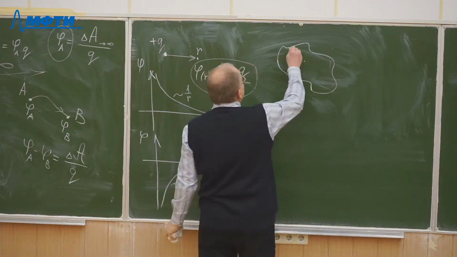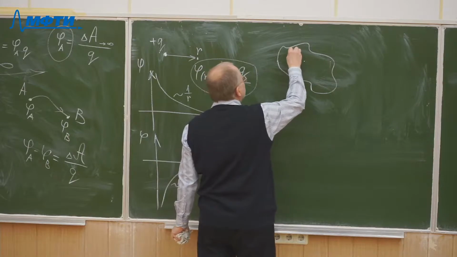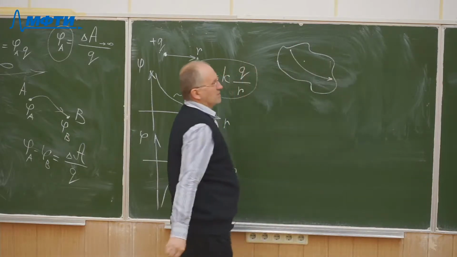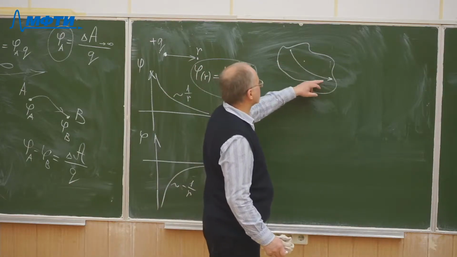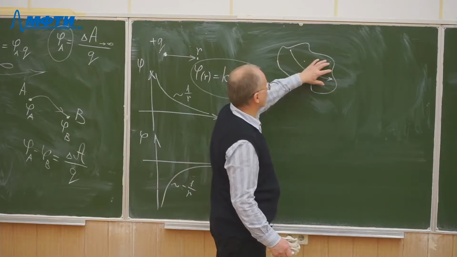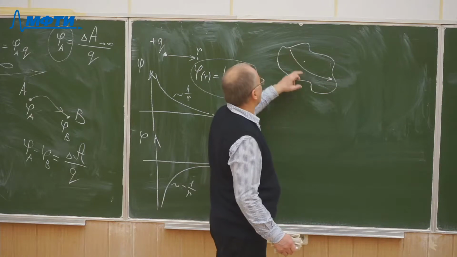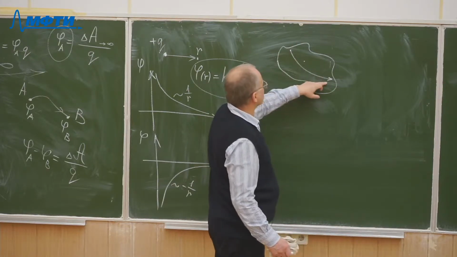And therefore, if I take the electron or a small charge and move it inside the conductor from one point to another, then no work is required, no work will be performed by the field forces, because forces are equal to zero. The electric field forces are equal to zero inside the conductor. And so the work performed on displacement of any charge is zero.